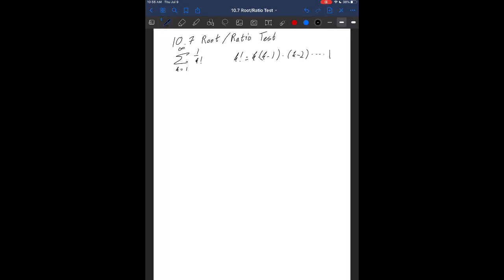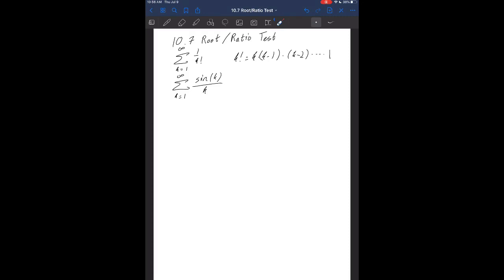Another problem with the tests that we know already is that the only test we know for dealing with negative terms is the alternating series test. But in cases where we have something like the sum from k equals 1 to infinity of sine of k over k, this has some negative terms, right? Sine of 3 is going to be negative, for example.